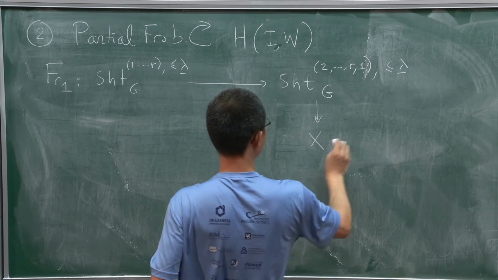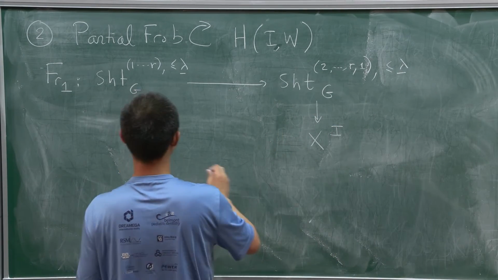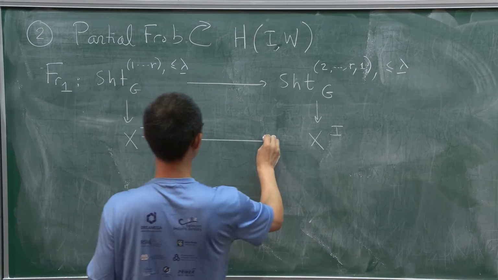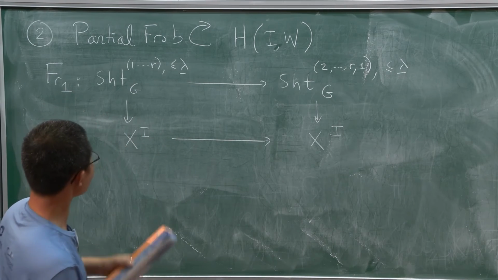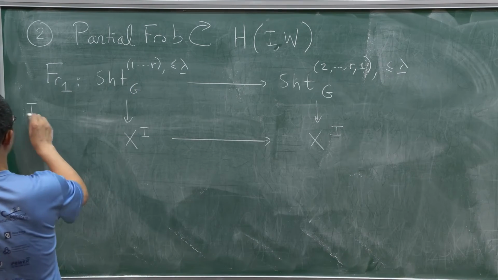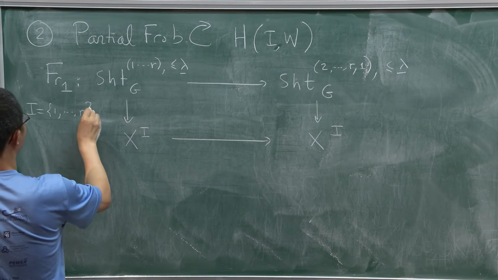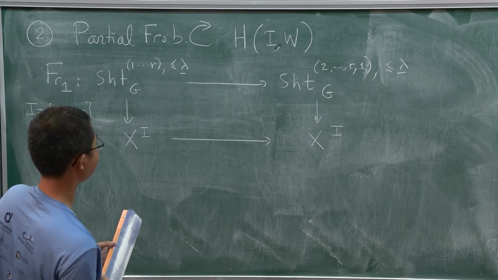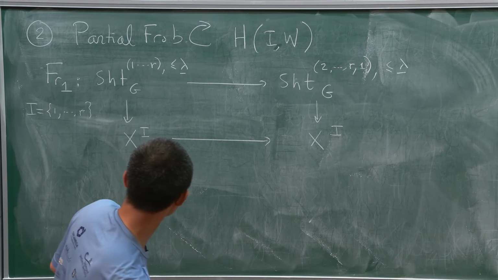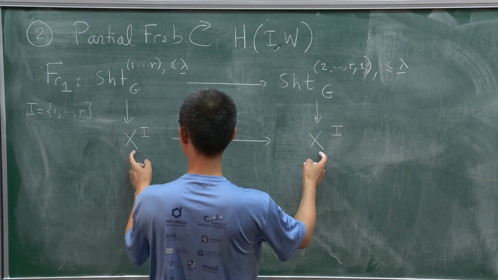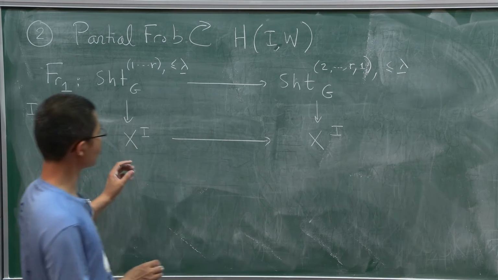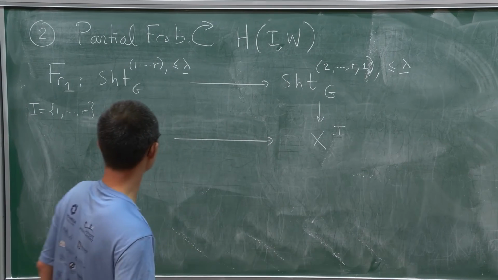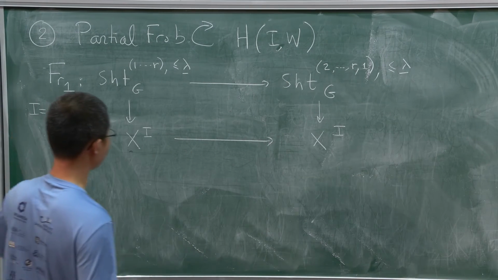I prefer to think, although I introduced an ordering, for the legs I don't want to use the ordering. So in both cases, these legs are indexed by I. Forget the ordering.